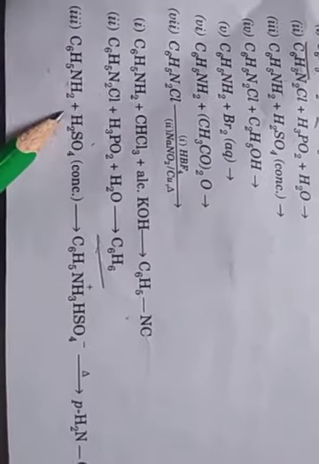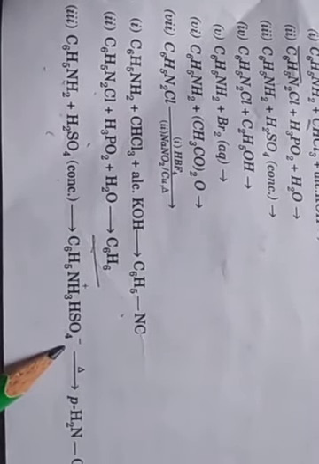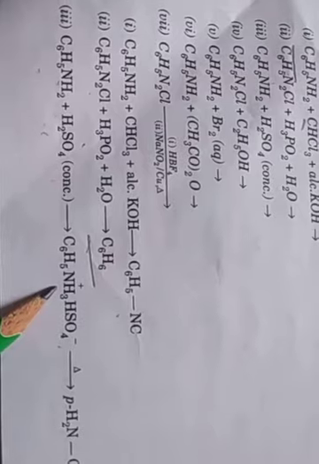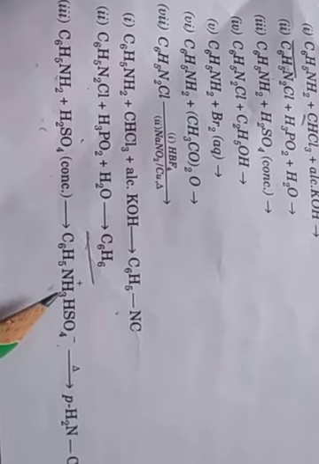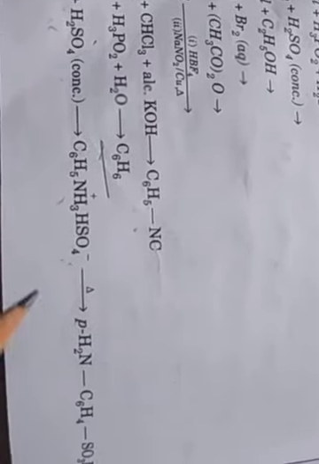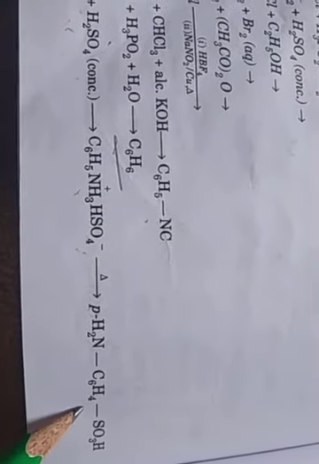So nitrogen gives its lone pair to the hydrogen, and nitrogen accepts the hydrogen, so anilinium ion. So C6H5NH3+ HSO4-, and then heating. So NH2 and the HSO4 group attached at the para position.